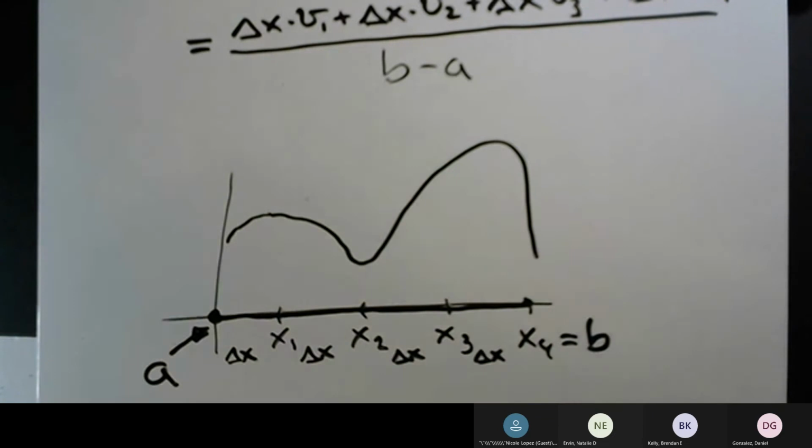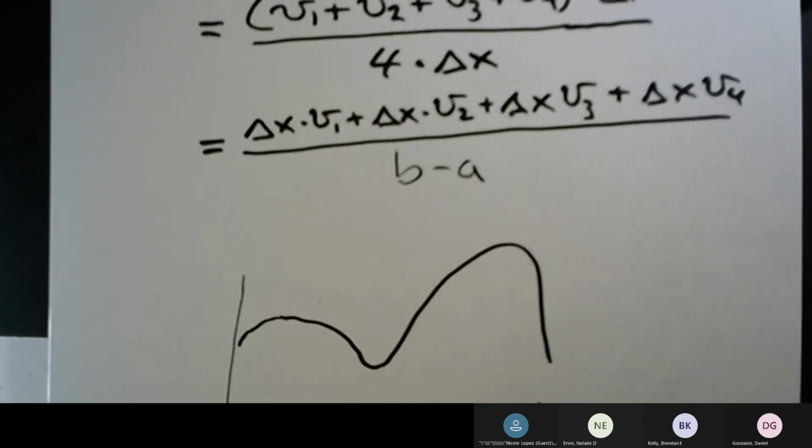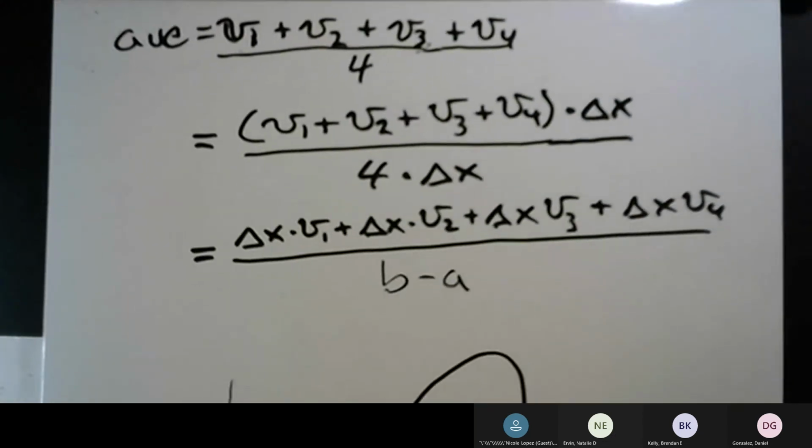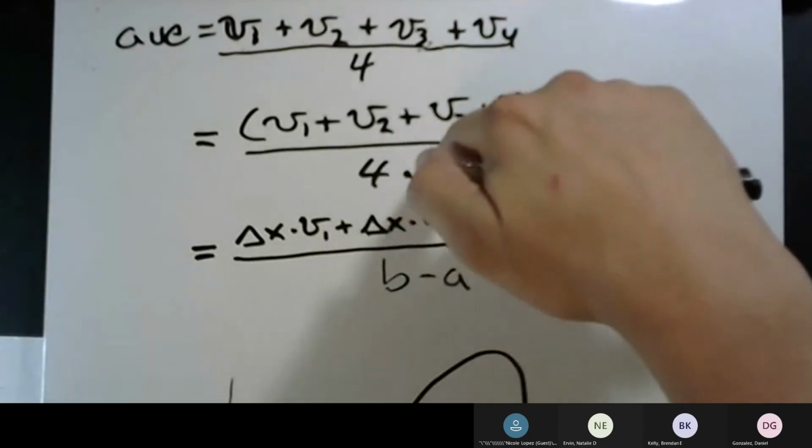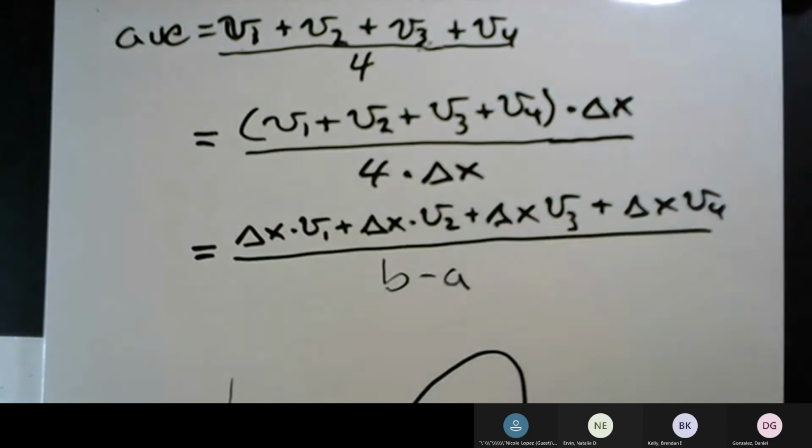Give you a few seconds to update your notes with the b and the a there. All right. So going back, that's why 4 times delta x is b minus a.